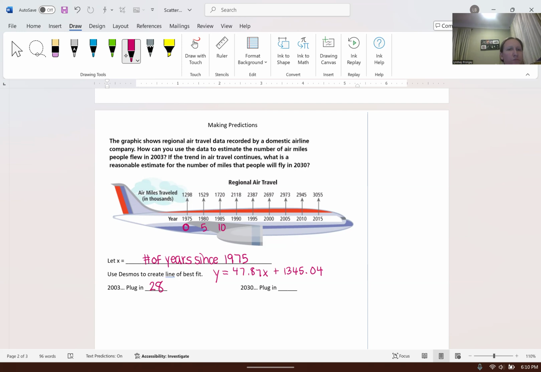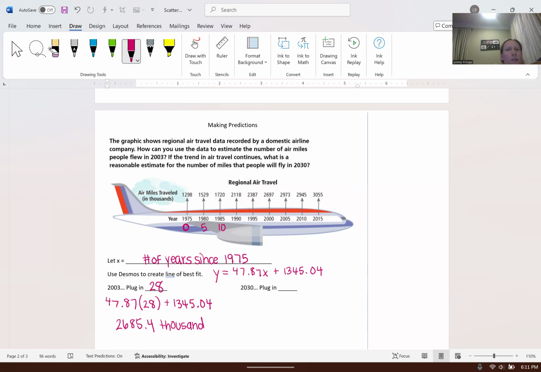So what we would do is we would just now take that X and plug it in to that equation we just got. And I would certainly be using a calculator to do this. And when you type that in, you would get 2685.4. But now keep in mind, it says in thousands. So let's throw 1,000 in there to be accurate. Okay, so that would be our estimate for 2003.